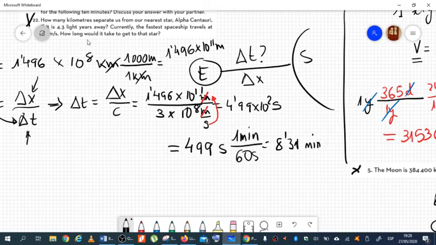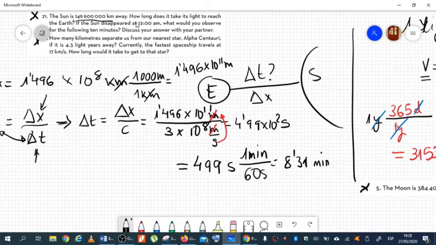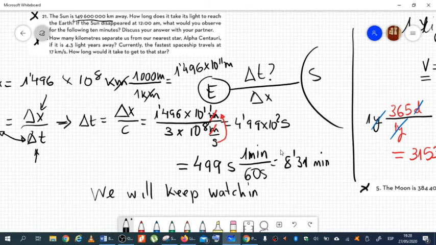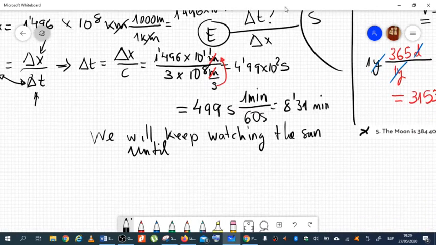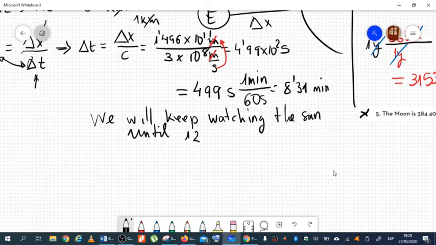So if the sun disappeared at 12 a.m., we will keep watching the sun until 12:08 and a little bit more.